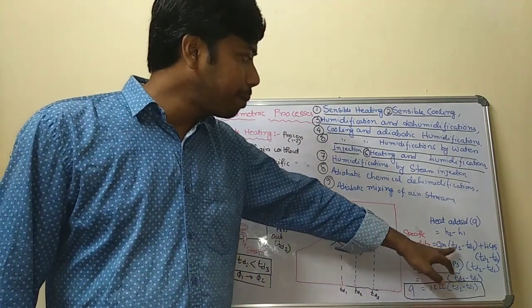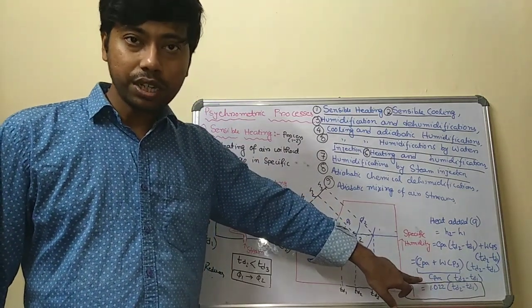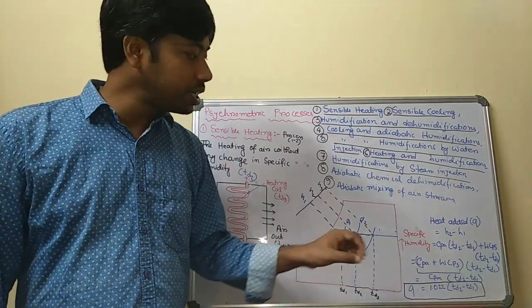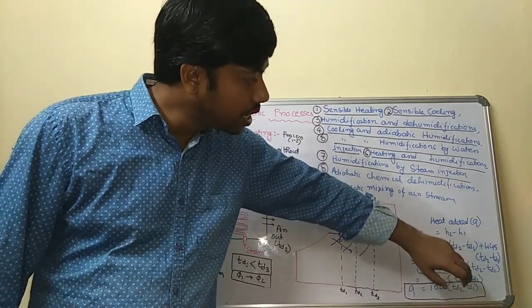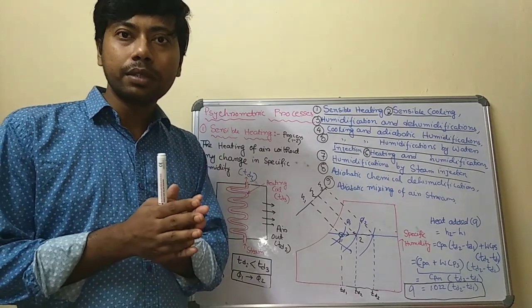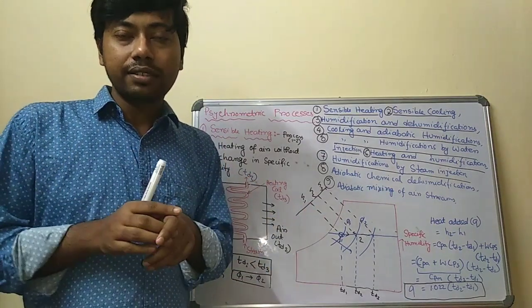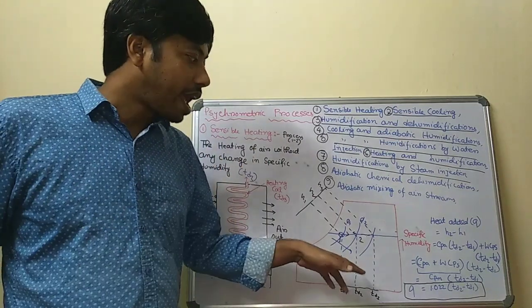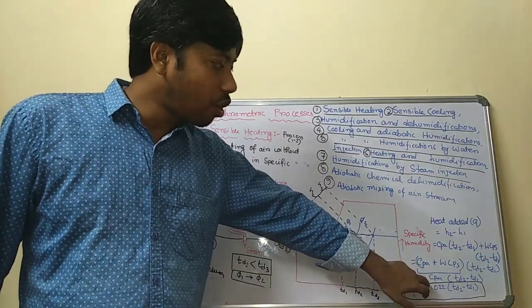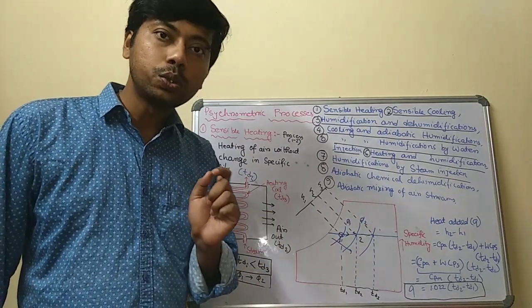Now CPA plus W CPS is basically your specific humid heat. And TD2 minus TD1 is the dry bulb temperature difference between the air inlet and exit of the sensible heating arrangement. This specific humid heat, or CPM, has a value of basically 1.022.